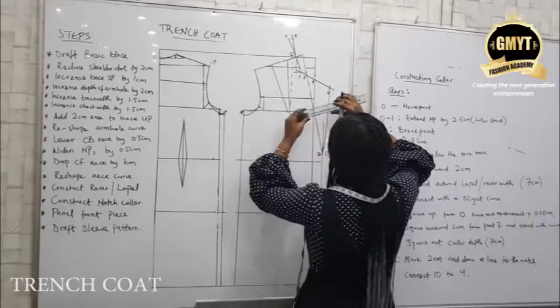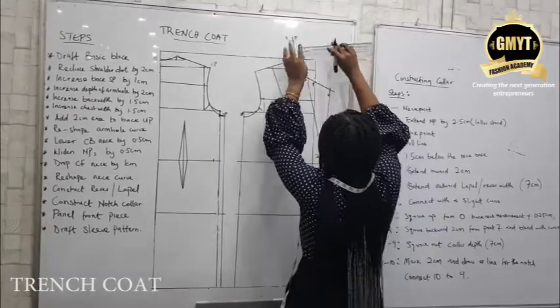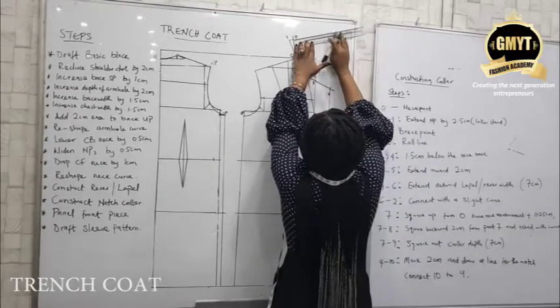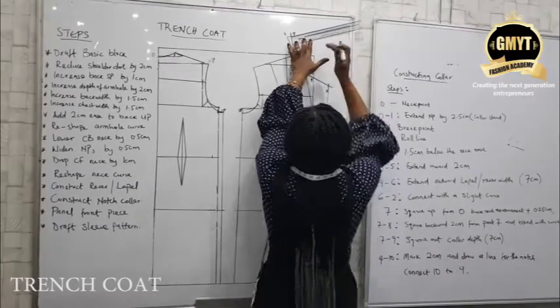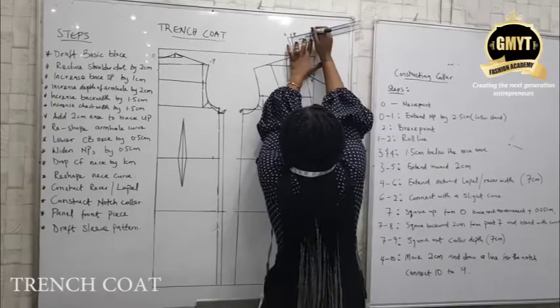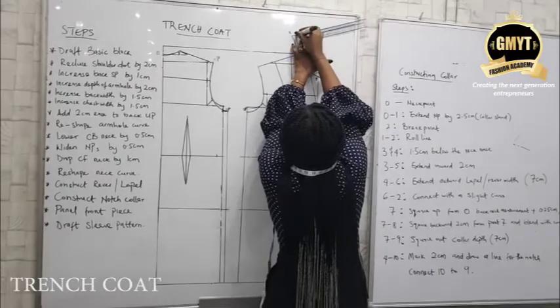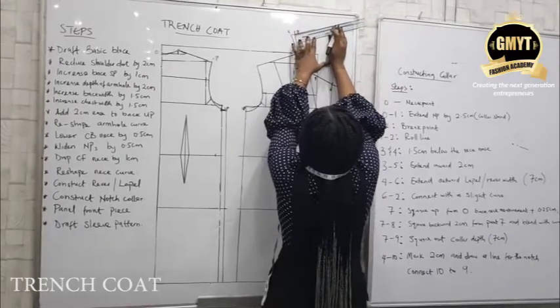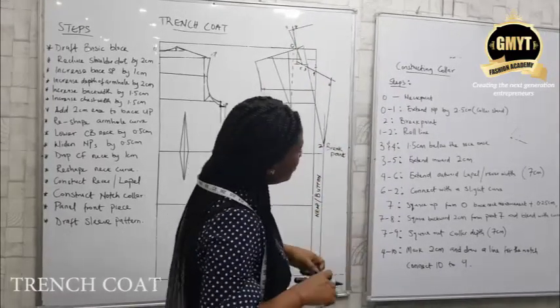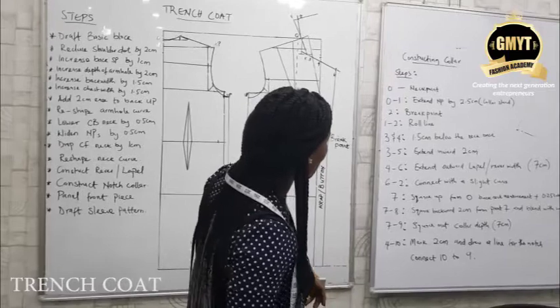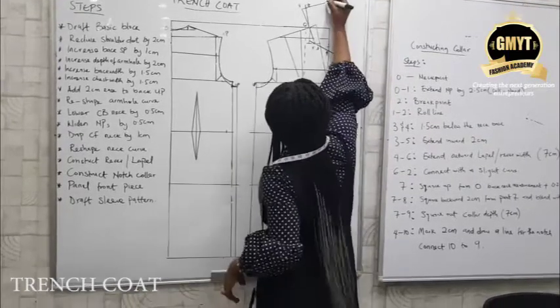So from point 7, I'm going to measure 7 cm. I label this point 9.